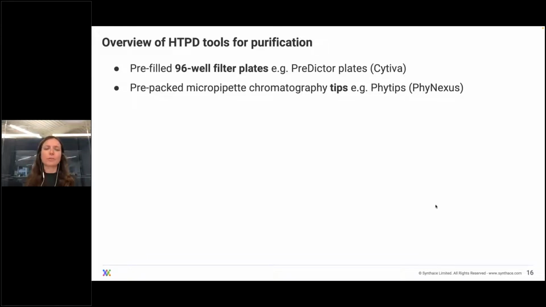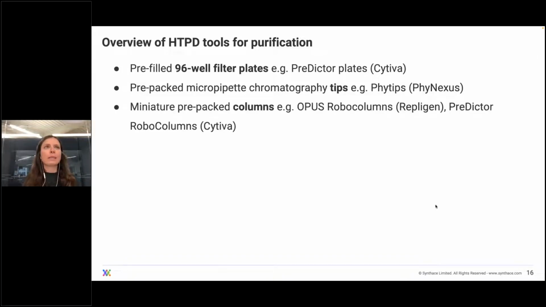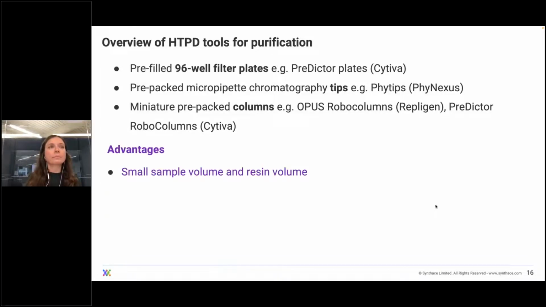These are a bit strange considering they have dual flow, so they're perhaps less of a common purification tool used for this purpose. And then we have miniature pre-packed columns, where the frequent supplier is actually Repligen with OPUS RoboColumns, where you can get them pre-filled with resins from across many different suppliers. And then we have the PreDictor RoboColumns from Cytiva.